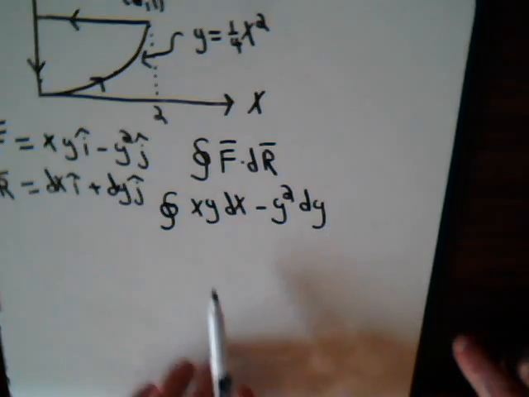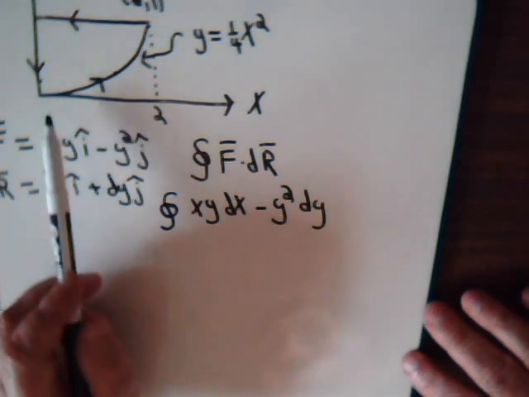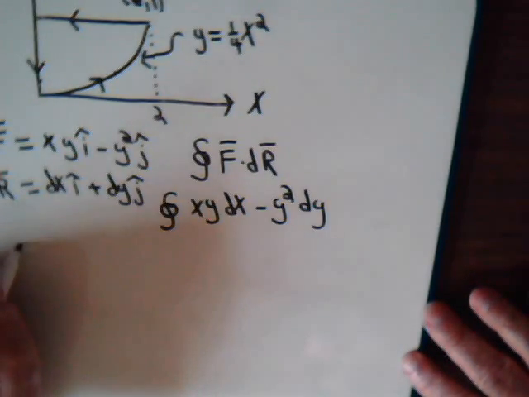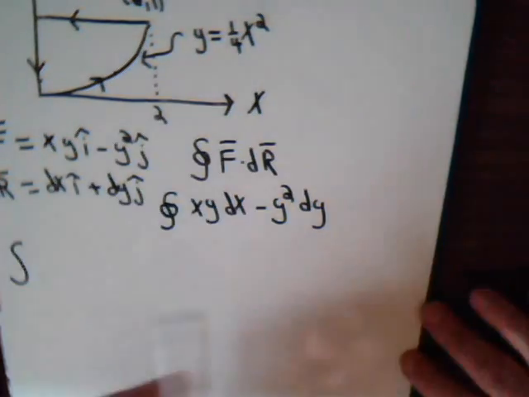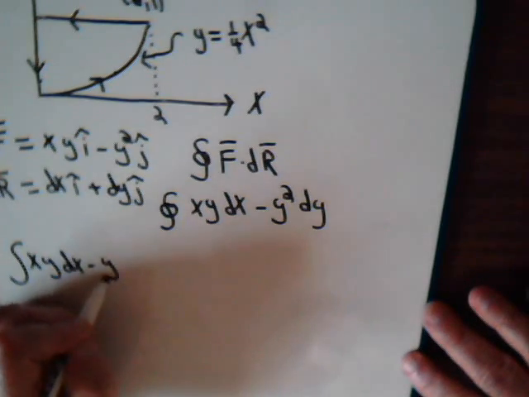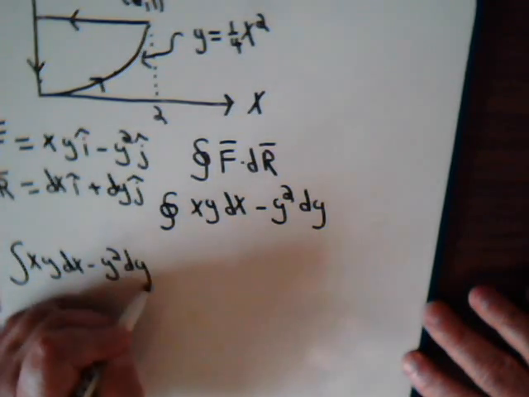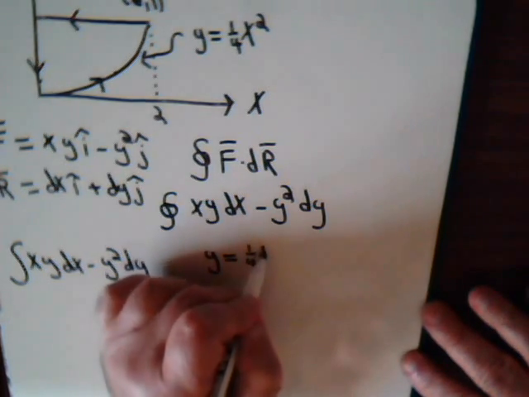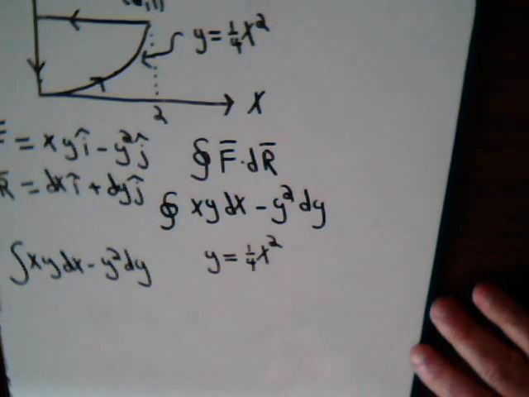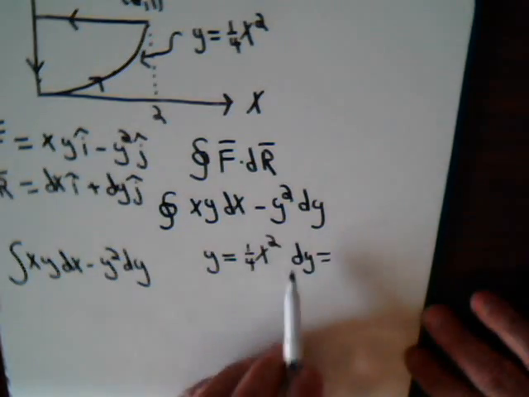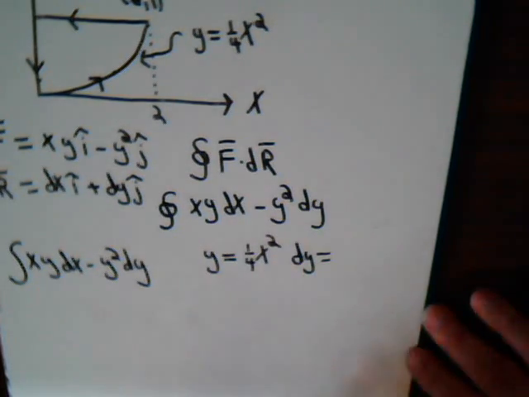Now, we want to evaluate then over this curve. And we've done that problem before, so we'll just set it up in general. We have this xy dx minus y squared dy, where y equals 1/4 x squared, and dy, we can express that like this, 1/2 x dx.